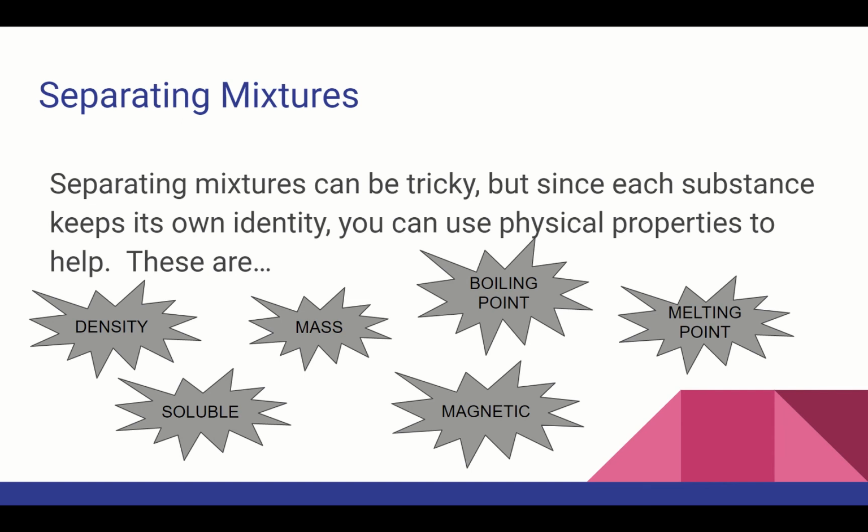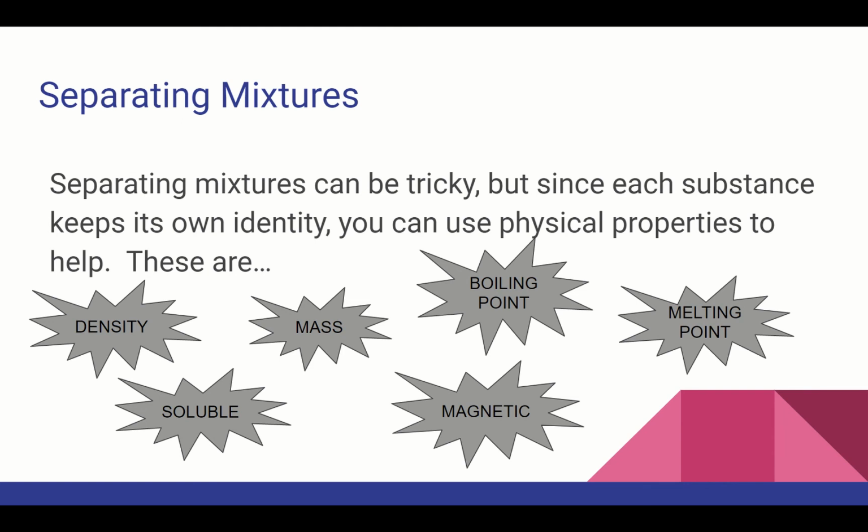And the wood beads, being less dense, would float, and the metal beads, being more dense than the water, would sink. And so we could very easily separate them that way. Whether or not it dissolves in water, if it's soluble or not. So these are all ways that we can separate mixtures.